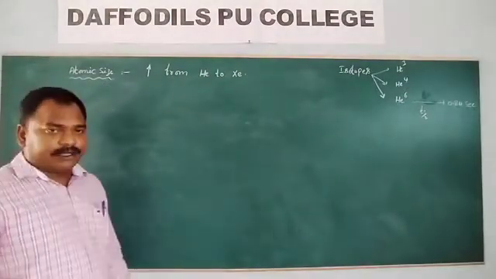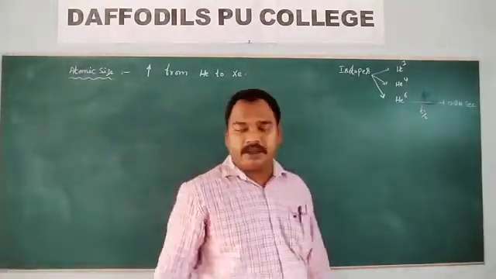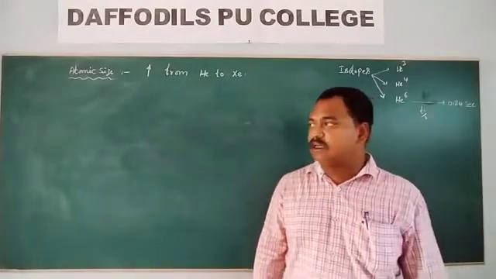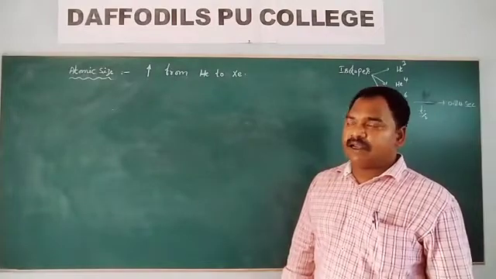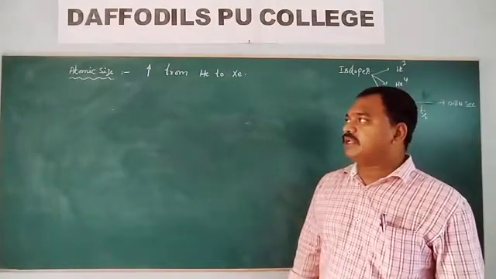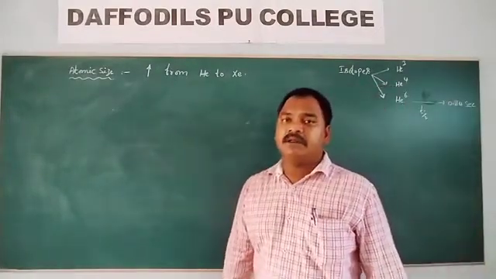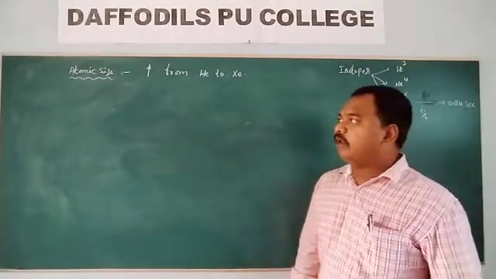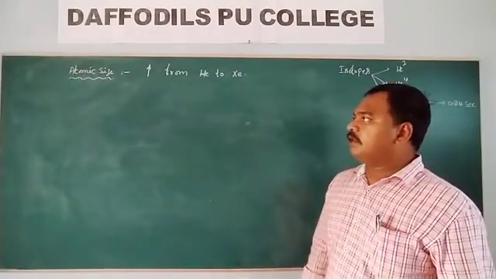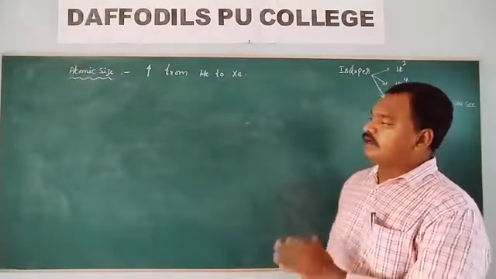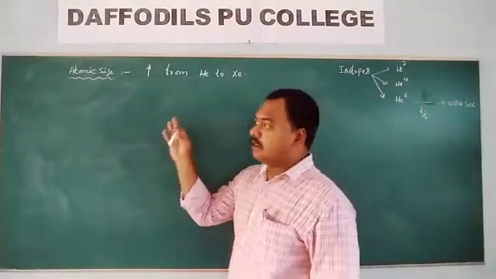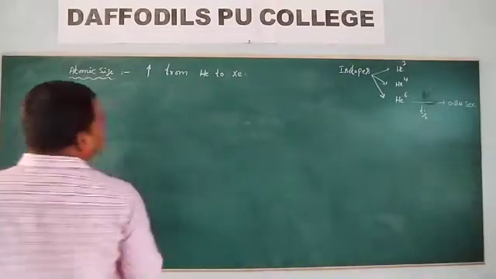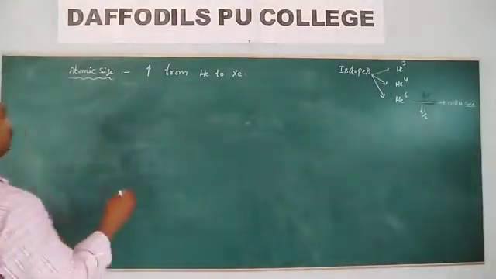Helium to radon actually, but radon is a radioactive element. Generally, while discussing properties, radioactive elements are omitted. So without the radioactive element, I am representing these inert gases. Atomic size increases from helium to xenon.